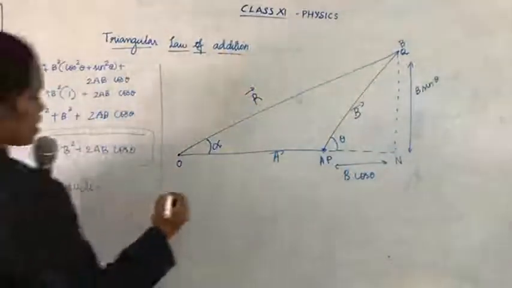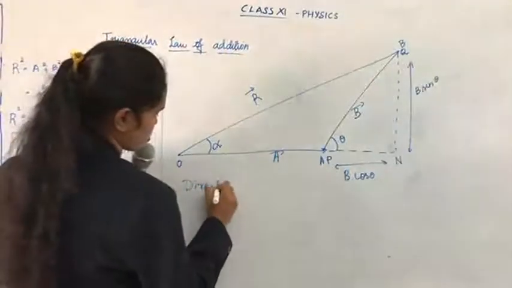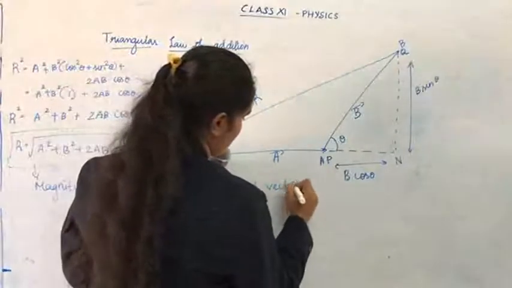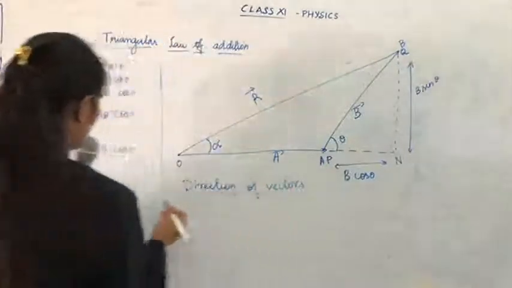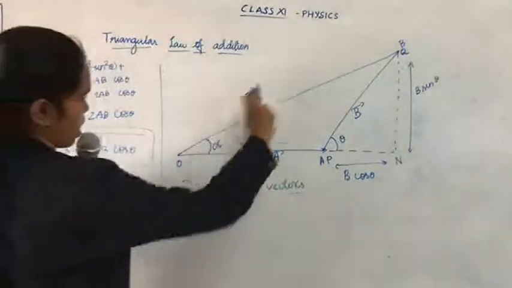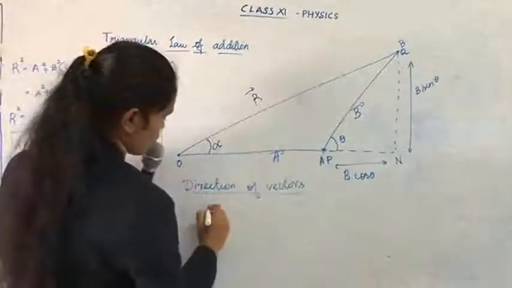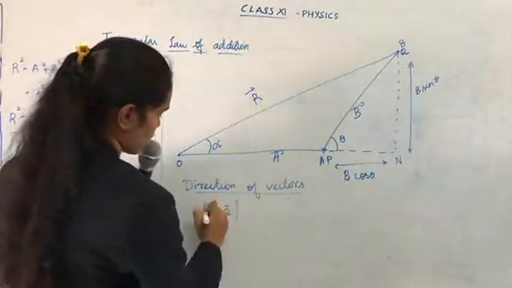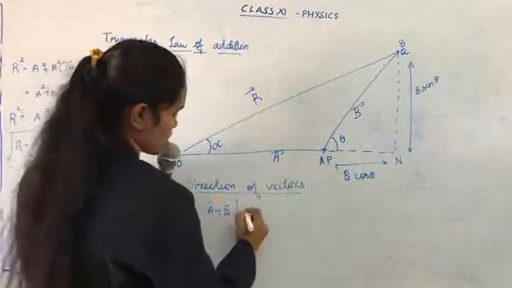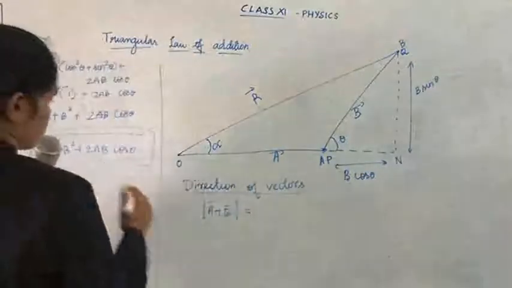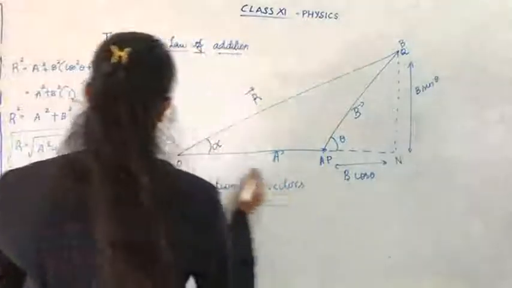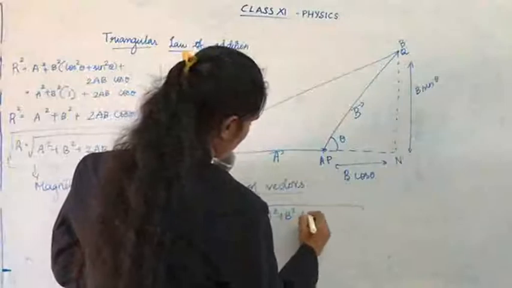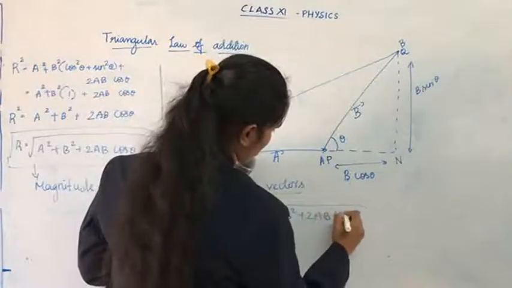Now, you take this formula right here, to find the direction of vectors. What is R vector? R vector is A vector plus B vector. So R vector equal to, writing in magnitude, root of A square plus B square plus 2AB cos theta.